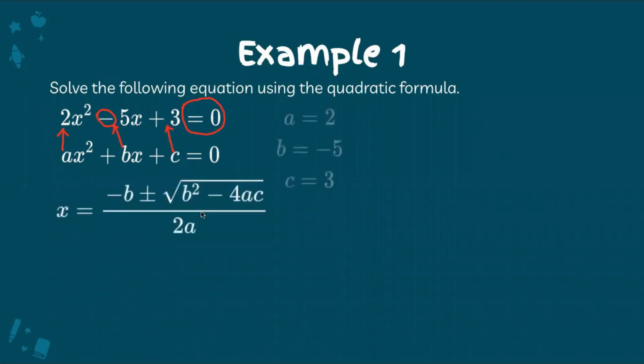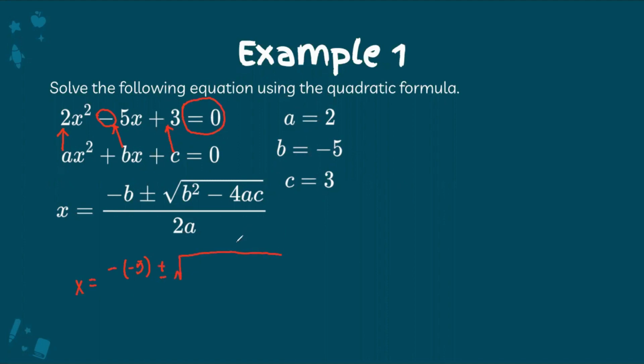Once you've identified your a, b, and c values, you can go ahead and plug it into the quadratic formula. So first part of the quadratic formula is negative b. In this case, our b value is negative 5. So I would go ahead and put your negative 5 in parentheses, and then plus or minus the square root of b squared.